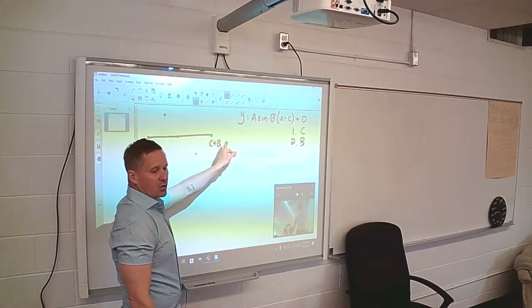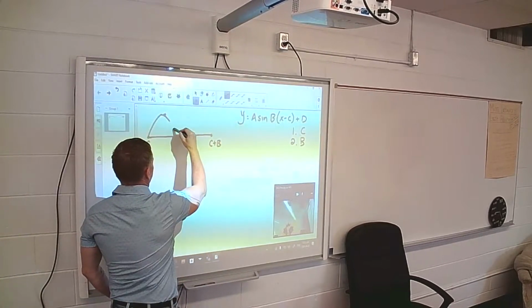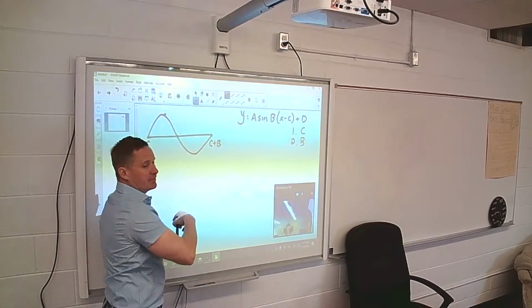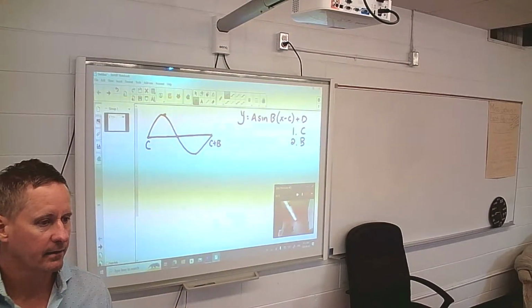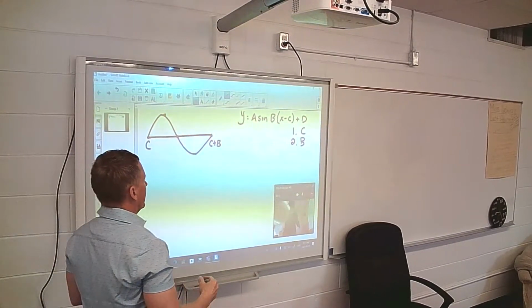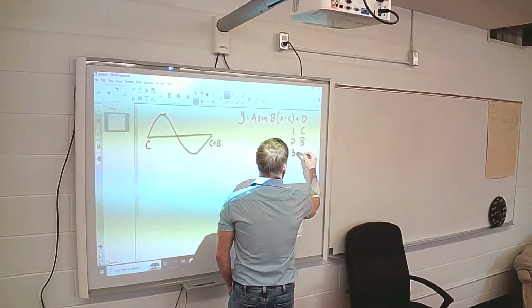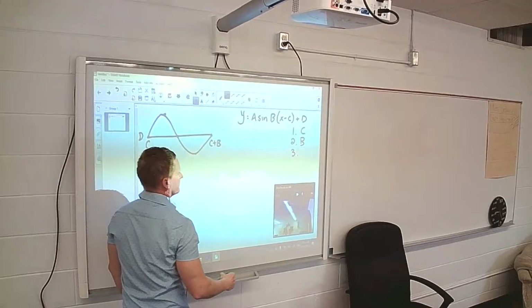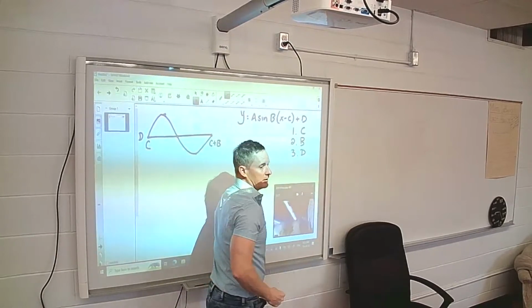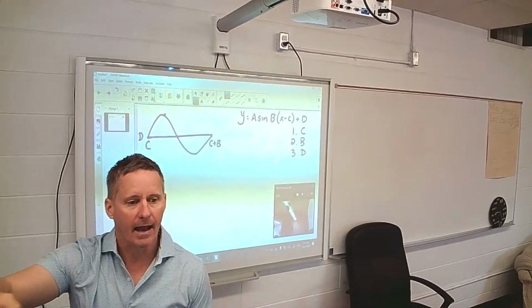Then my last coordinate, so I just draw my line like this. My last coordinate would be C plus B, because B is your period. So that's how long it would take. All right? Then the third thing I would do is mark in my D right there. So I'd mark in my D because that's the midline.